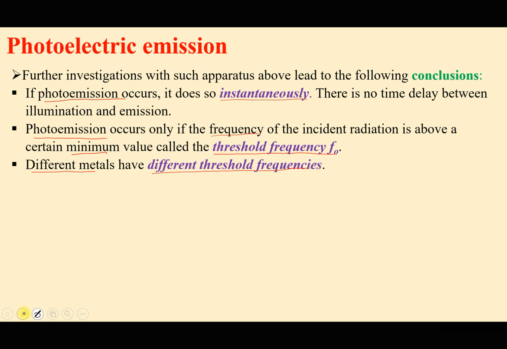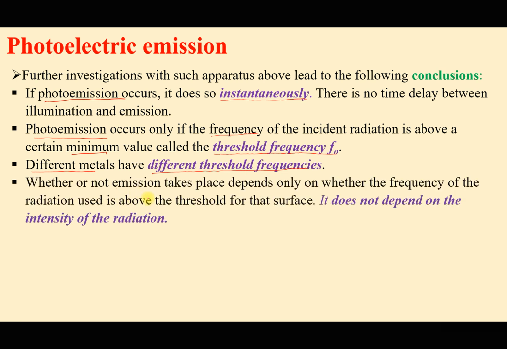Number four, whether or not emission takes place depends only on whether the frequency of radiation is above threshold. It does not depend on the intensity of the radiation. That's why we saw that even when we change the intensity of visible light for a zinc plate, there was still no emission.